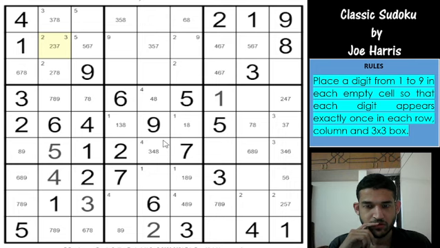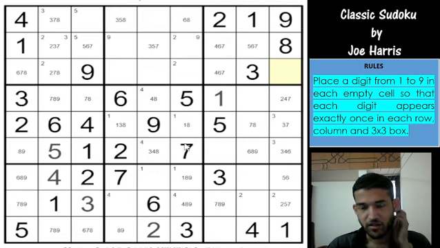I think I might start putting more candidates inside these cells. This seems to be a very tough Sudoku, guys. So far, it has not given us anything at all. Except a few candidates, it hasn't given us anything.